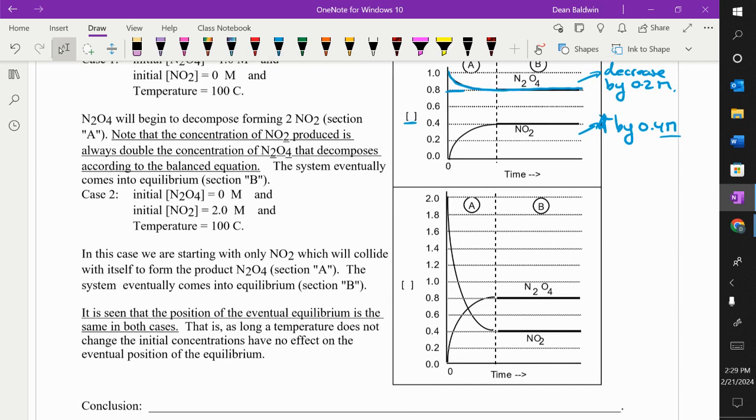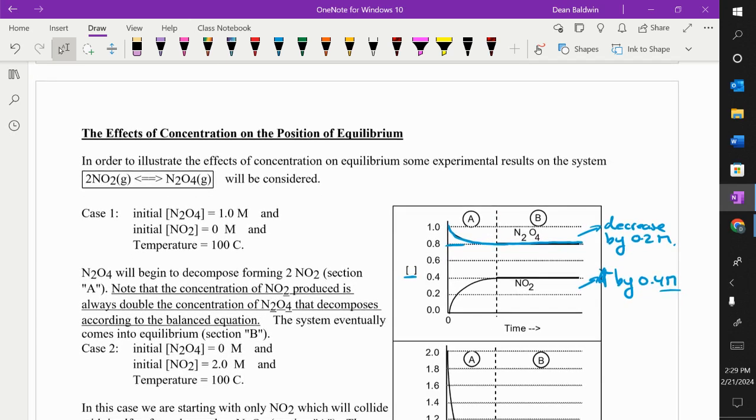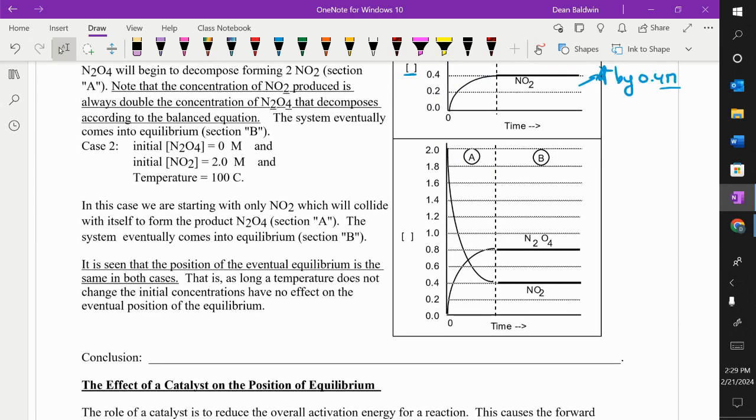Same temperature, except we put in a concentration of 2 molar of NO2. So now we're starting with the NO2, this one over on the left. So we're going to decompose this way. If you let it run, this is what you get.